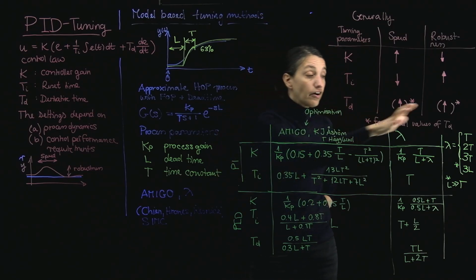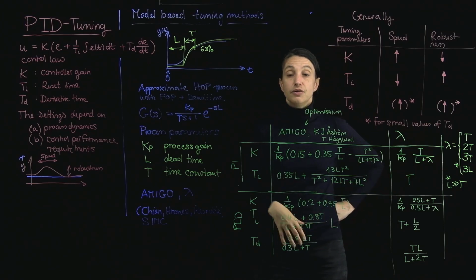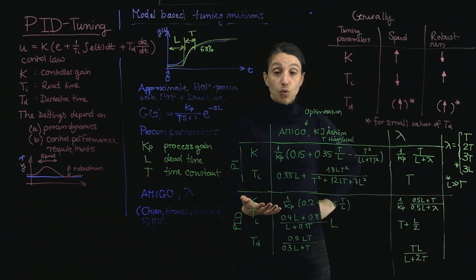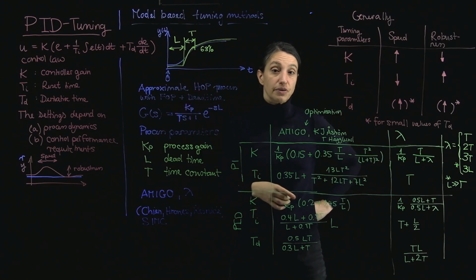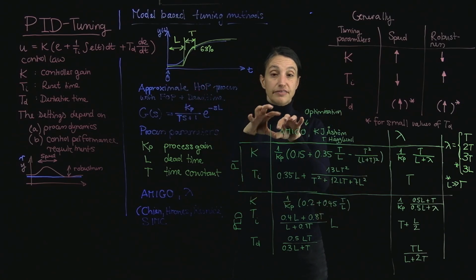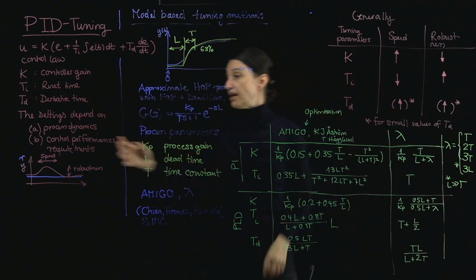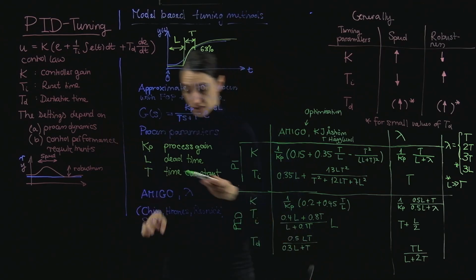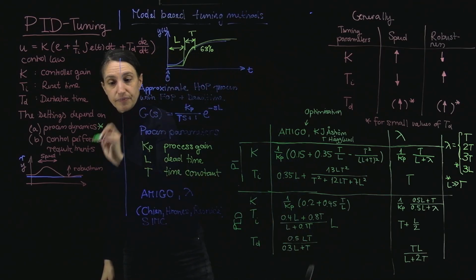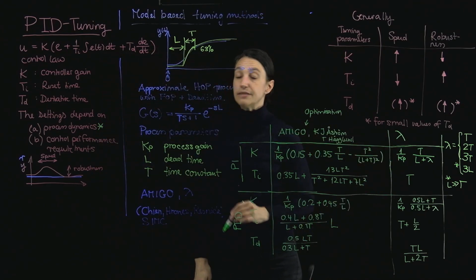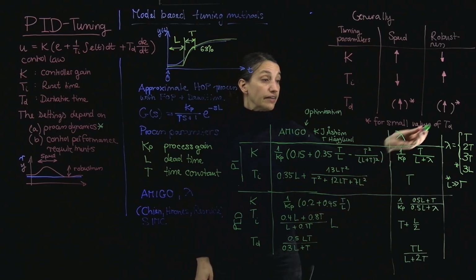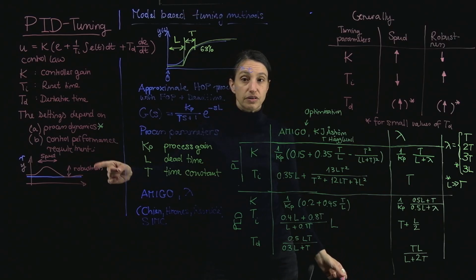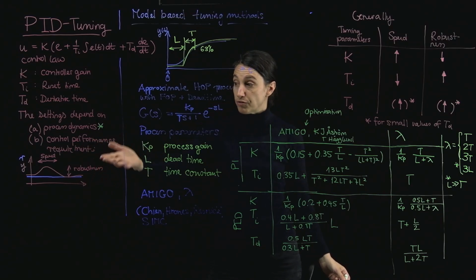And here are 2 tuning rules you can use to select your controller parameters based on your process model. Because at the end of the day, you're going to close the process, and it's going to depend on the process dynamics. This lambda tuning parameter is quite nice because it can talk about the control performance requirements.